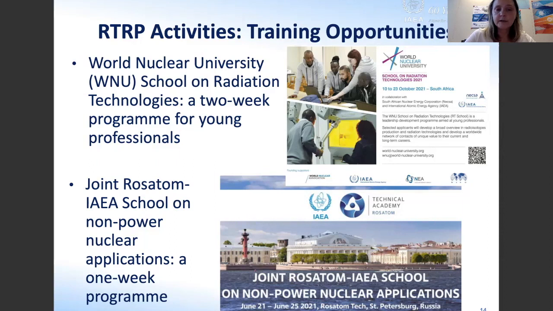I would also like to mention the joint Rosatom IAEA School on On-Power Nuclear Applications. This is a 1-week program which will hopefully happen in June 2021 in St. Petersburg in Russia. So again, please check the DIIF website. More information will be posted there.